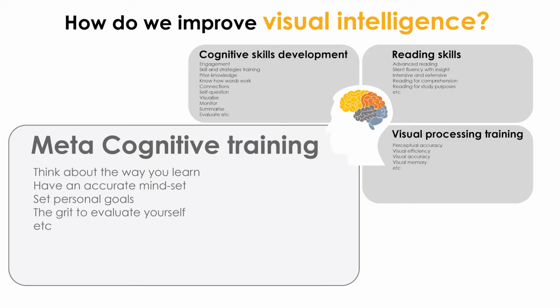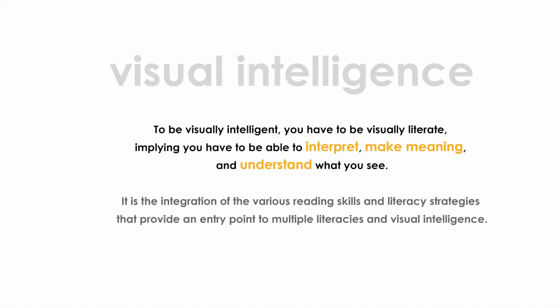It's not only looking at information and passing on to the next bunch of things that I need to learn, but really starting to think about the way that you work with information. There are a number of skills and strategies that we can teach our students to help them to improve with metacognitive skills.